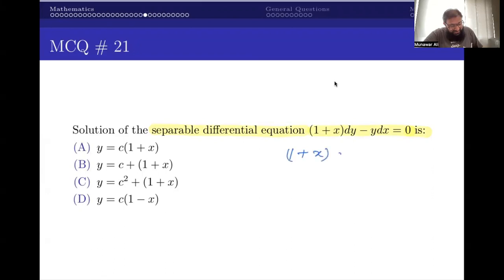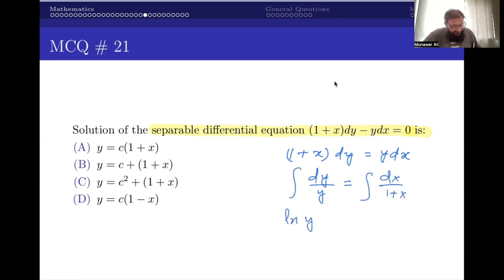So we can write this thing in this way and then separate variables. So dy over y is dx over 1 plus x. Now integrating both sides will give us log y is equal to log (1 plus x) plus a constant, so I'm introducing log c.